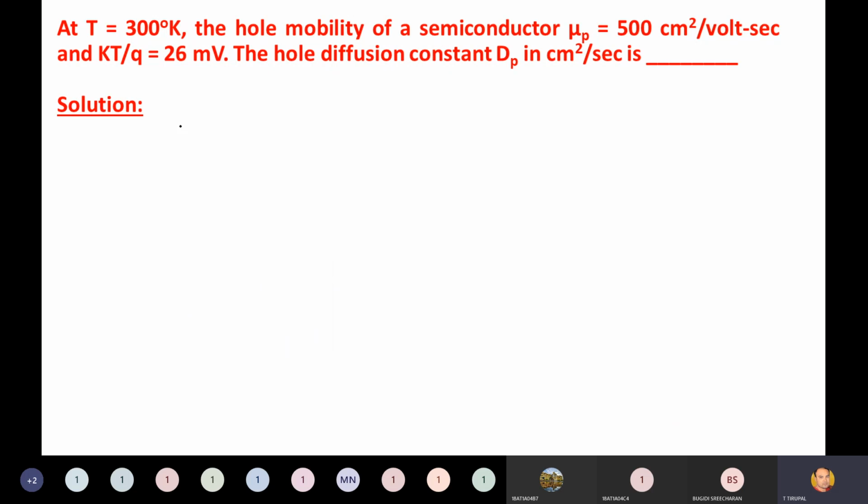Hole mobility mu p is given, mu p is equal to 500 centimeter square per volt second. Vt is given 26 millivolts, 0.026 volts, and the hole diffusion constant dp in centimeter square per second you need to find. So check all are in centimeters or meters. All are in centimeters, so no need to worry.